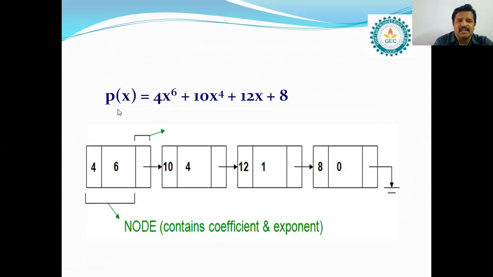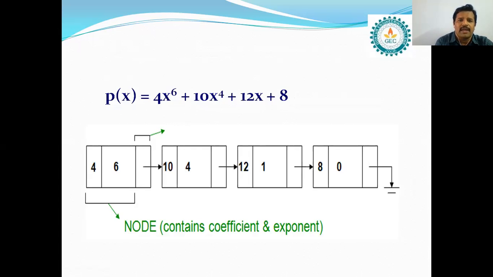So this is the given polynomial p of x equal to 4x power 6 plus 10x power 4 plus 12x plus 8, right? This expression can be represented in the form of linked list. In case of array, we can consider the array size as highest degree plus 1.